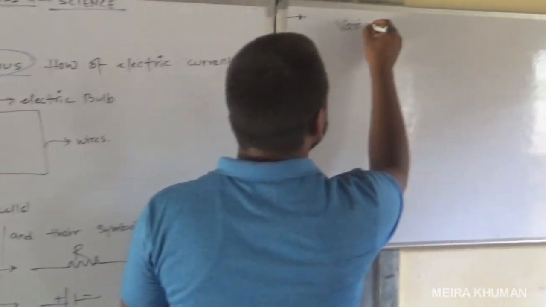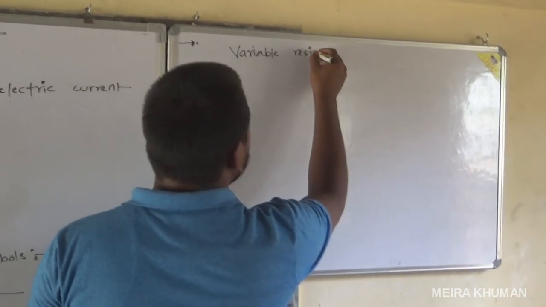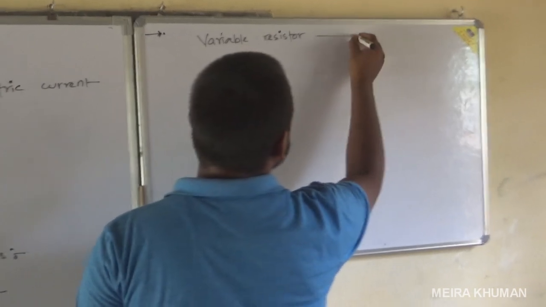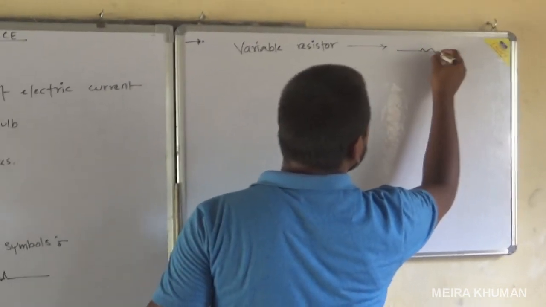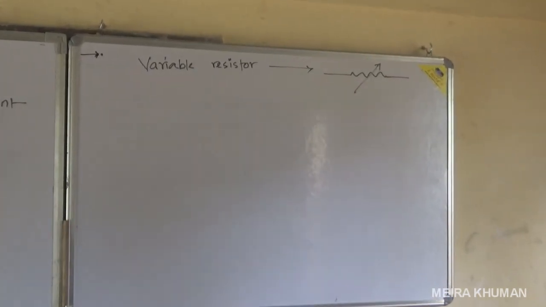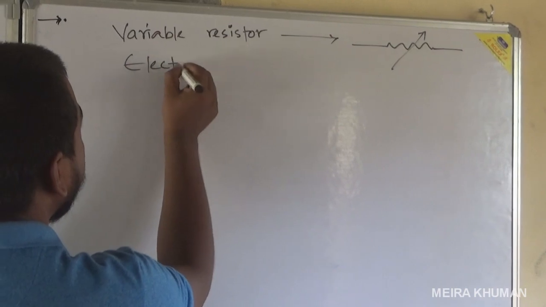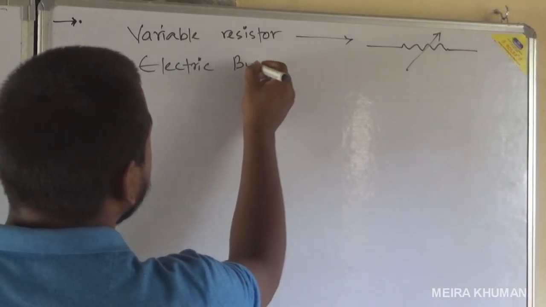Next, variable resistance or resistor you can say, and the symbol will be simply like this. So this is the symbol for variable resistor. Then electric bulb.